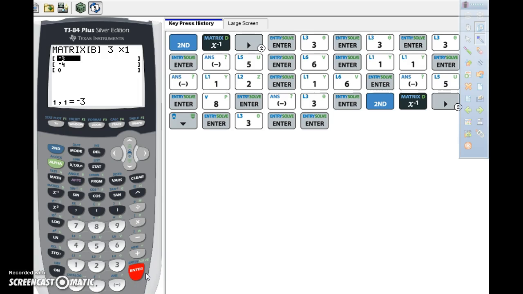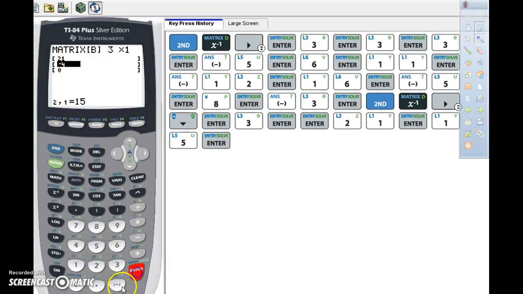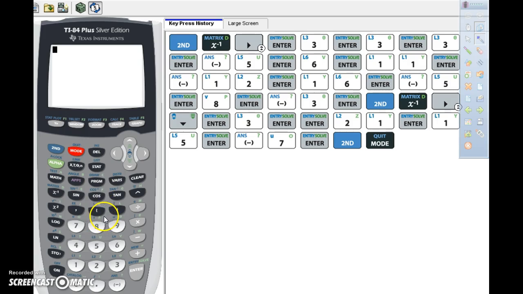So it's a column matrix, and we would have 21. Second mode. I'll get caught up to where you all are. I see everybody kind of waiting on me. Second, x negative 1. I want A inverse times B.